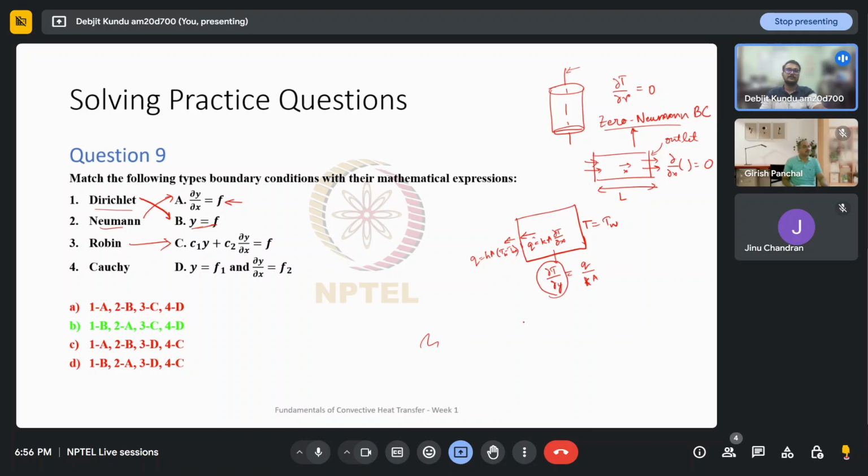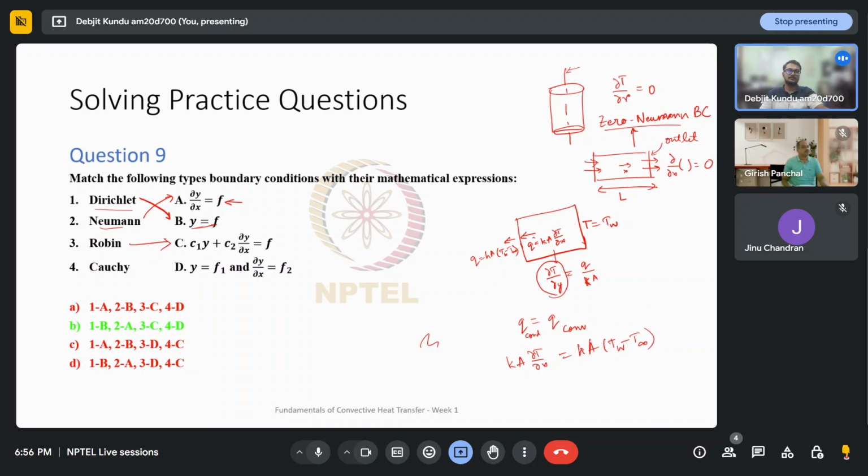In that case, if I say that both these Q's are same, Q conductive and Q convective, this would simply boil down to kA dT dx equal to hA times this temperature difference.